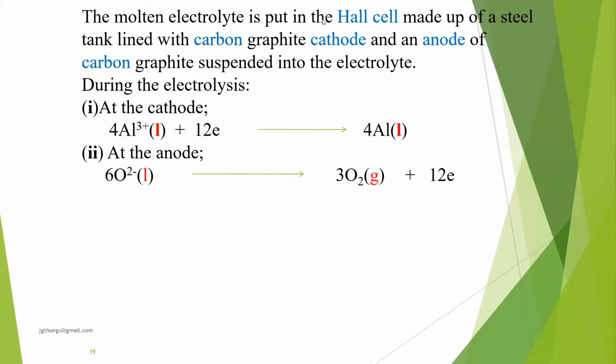If it is aluminium, you only show one aluminium ion gains 3 electrons to form one aluminium atom. Okay? So you don't have to write the 12 electrons. You just put the equation showing what? Formation of one aluminium atom.